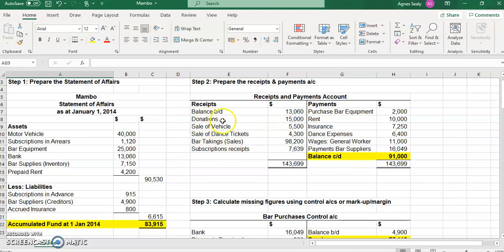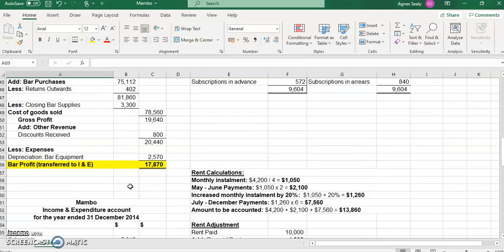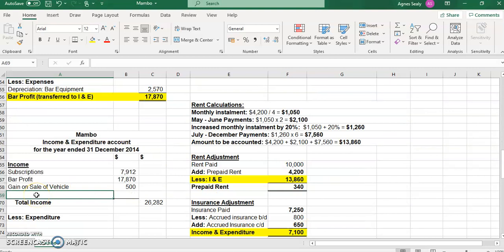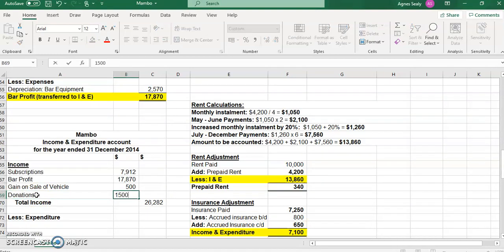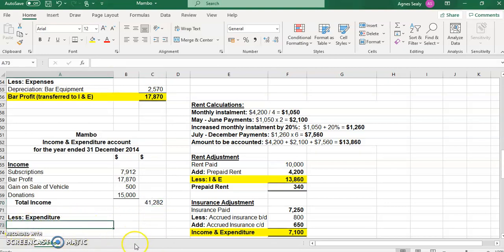The only thing that we received that's not accounted for is the donations of $15,000. So that will be income as well. So donations, $15,000. So the total income for Mambo is $41,282.